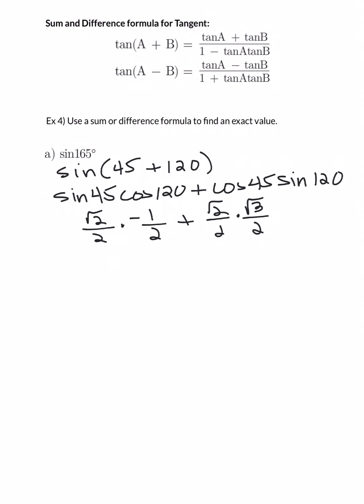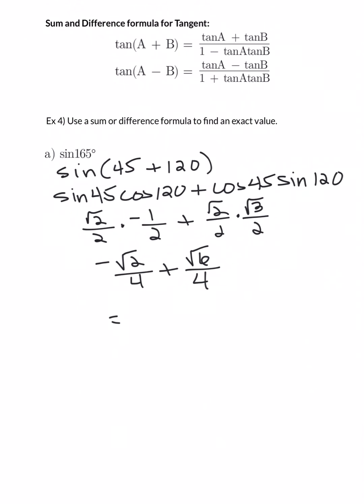Do the multiplying that you have. The square root of 2 over 2 times negative 1/2 gives me negative square root of 2 over 4. The square root of 2 over 2 times the square root of 3 over 2 gives me the square root of 6 over 4. We already have a common denominator, so we're going to write this as one fraction.